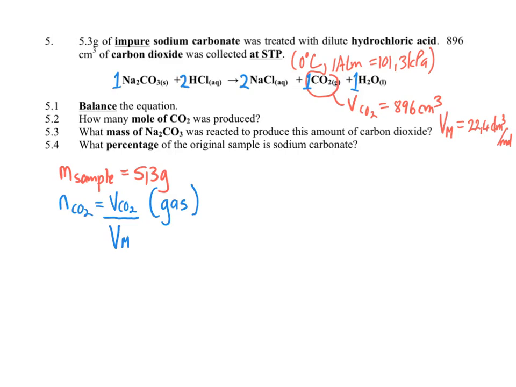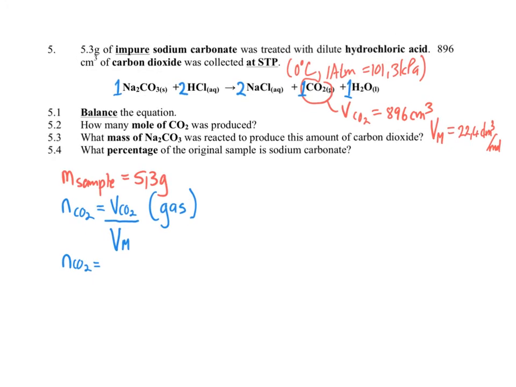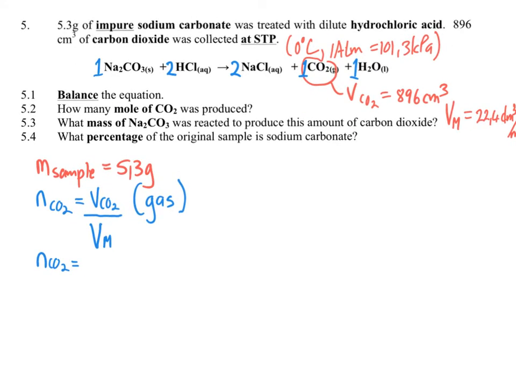And because of the fact that this reaction is taking place at STP, the molar volume is 22,4 cubic decimeters per mole, and the volume that is produced of carbon dioxide is 896 cubic centimeters, and we have a problem.